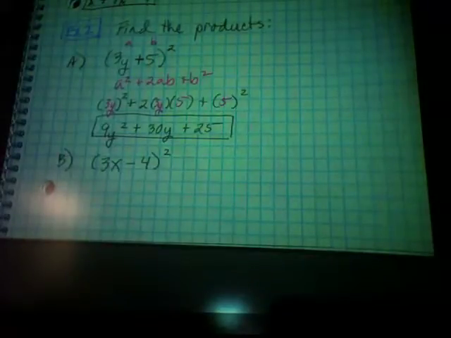You're not worrying about signs because you're already figuring out the signs yourself with your pattern. Don't worry about signs. So you're not going to put a -4 in for b. You're just putting in a 4.